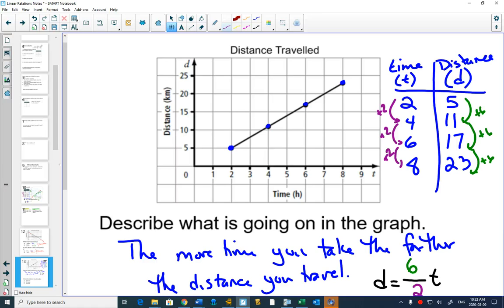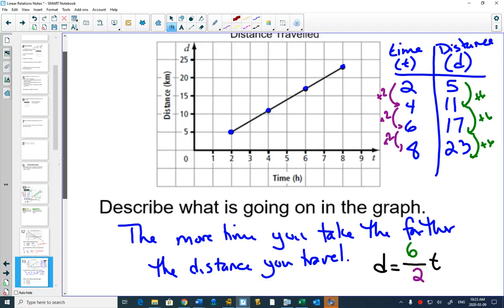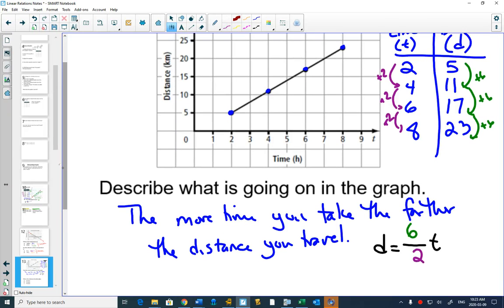Now we have to figure out what makes it work. What is 6 divided by 2? 3. Okay, 3t. Now, if I plug in 2, 3 times 2 is 6. We need it to be 5.